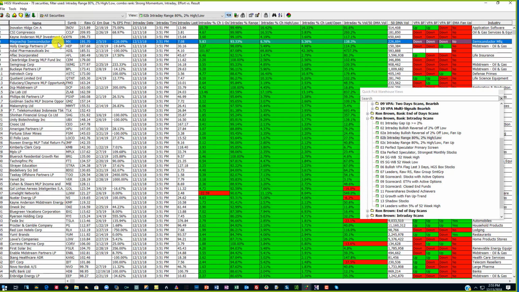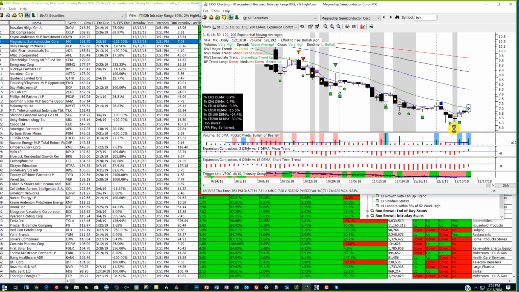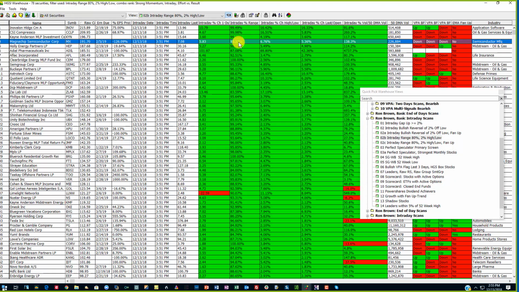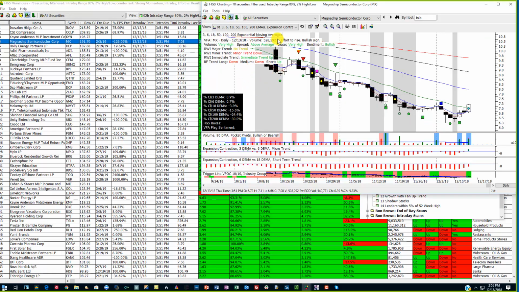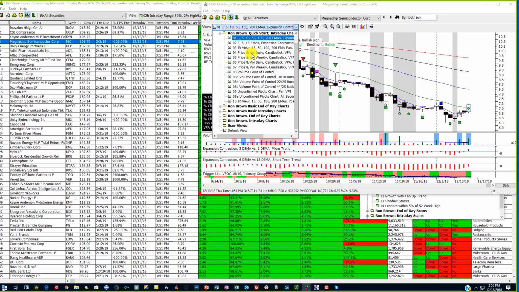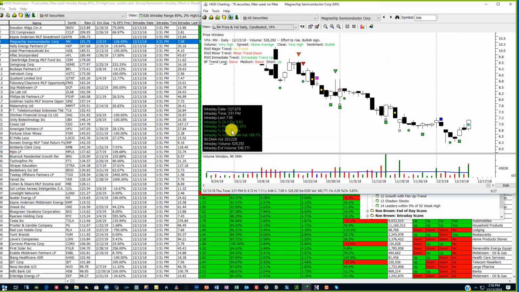Here's a semiconductor manufacturer. It shows me, well, I guess I could look at the chart here. Let's just go to chart number 4. It shows me that it's at 93.33% of its daily range, and this is a little stock that's under accumulation too.